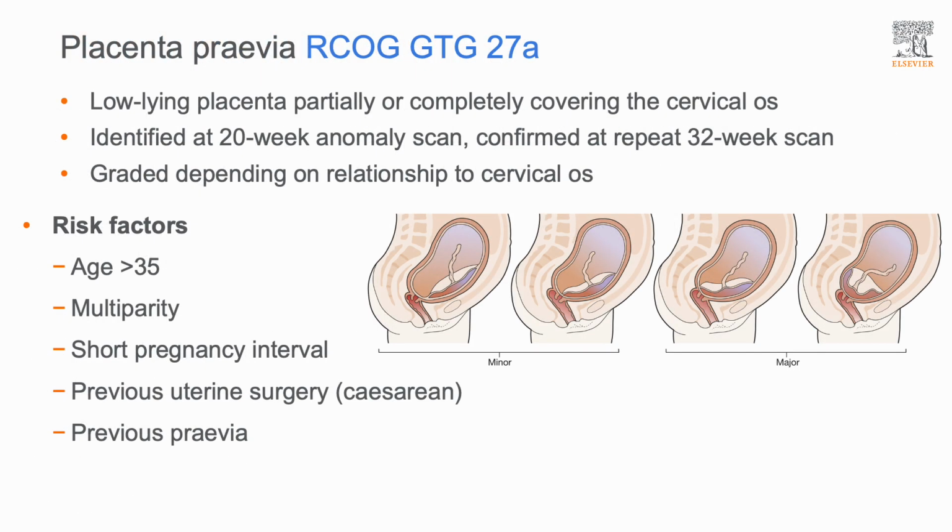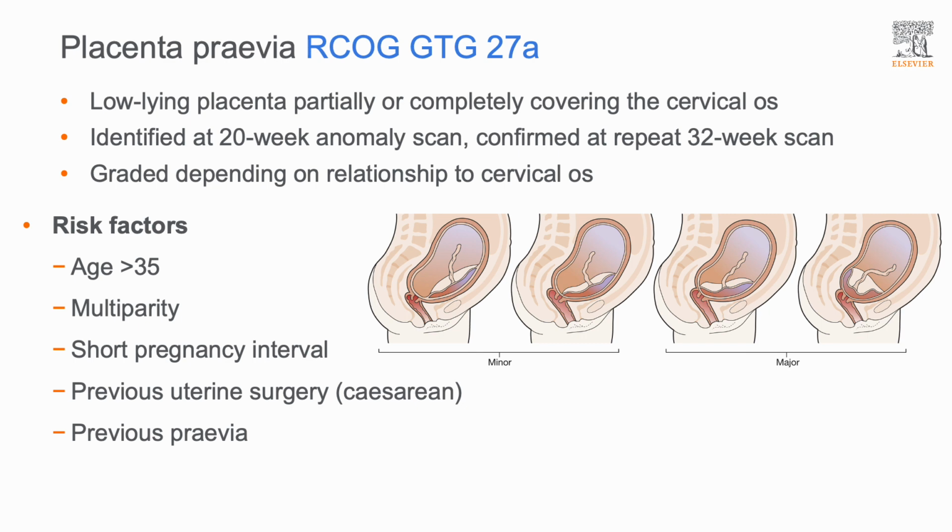So the underlying diagnosis in this case is a placenta previa. A placenta previa describes a low-lying placenta partially or completely covering the cervical os. It typically presents with a painless antepartum hemorrhage, as seen in this case. Placenta previa is commonly identified at the 20-week anomaly scan and confirmed at a repeat scan at 32 weeks.